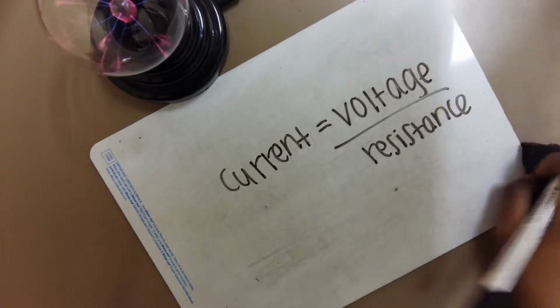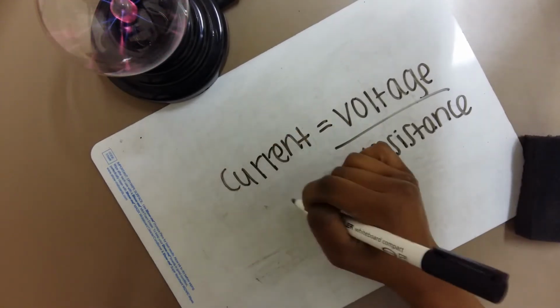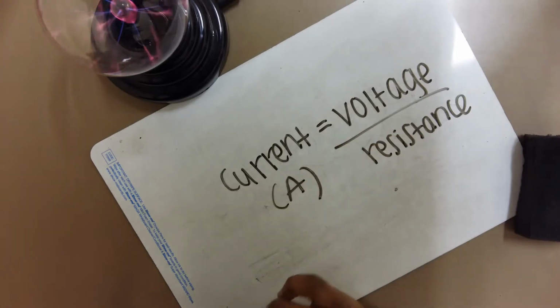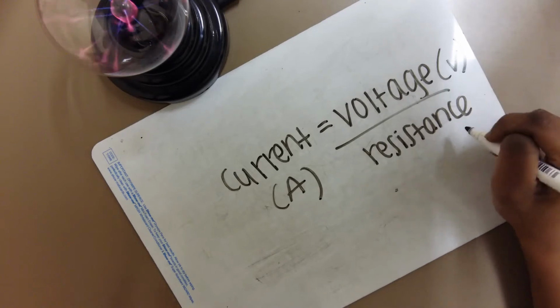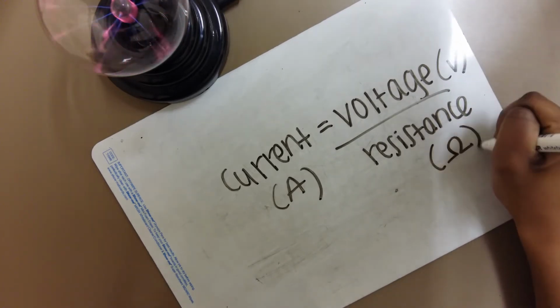The unit for current is amps. The unit for voltage is volts. The unit for resistance is ohms.